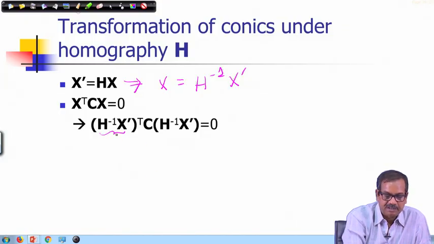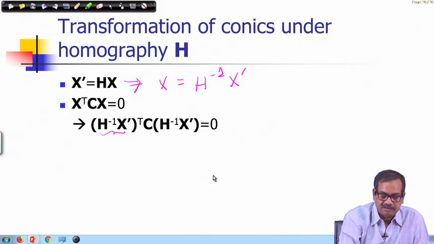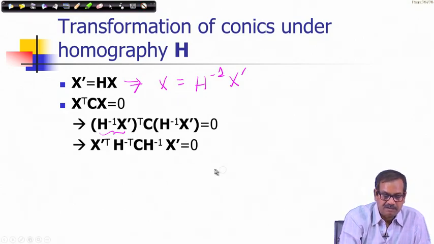If I replace it, then I get this equivalent form, and we expand this equation once again. That means, these transpose operations can be expanded on the matrix multiplications, which is x prime transpose H minus T C H inverse x prime.